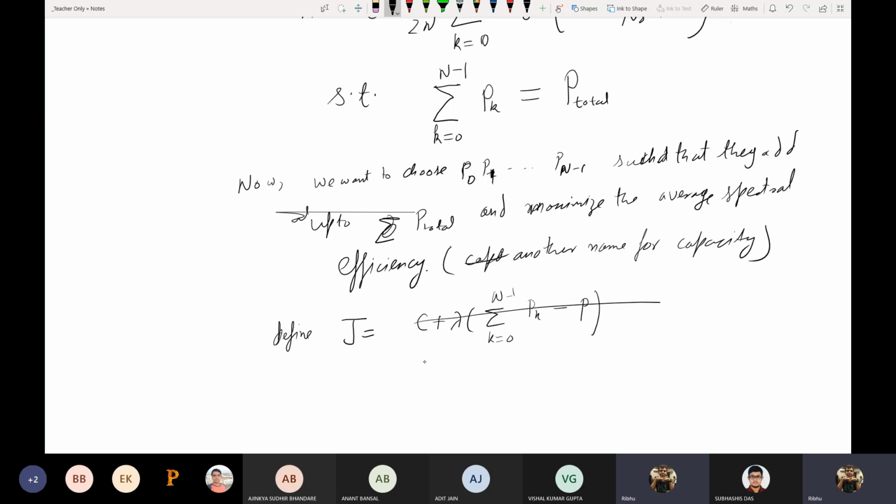Or just to make life simple later, C plus lambda times P minus the sum, because this would lead to a negative sign otherwise. This won't change anything, just that this will be slightly more convenient in terms of notation.